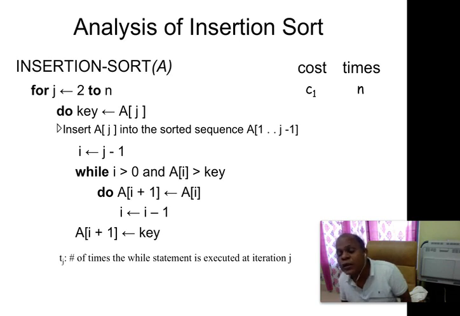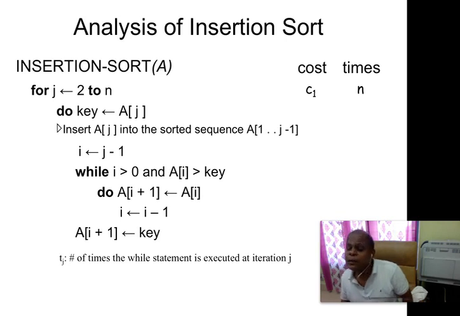Why not n minus 1 times? Because 2 to n means n minus 1 times the for loop is true, but the last time the for loop is not true, it is false, but that time it still has to check the condition.